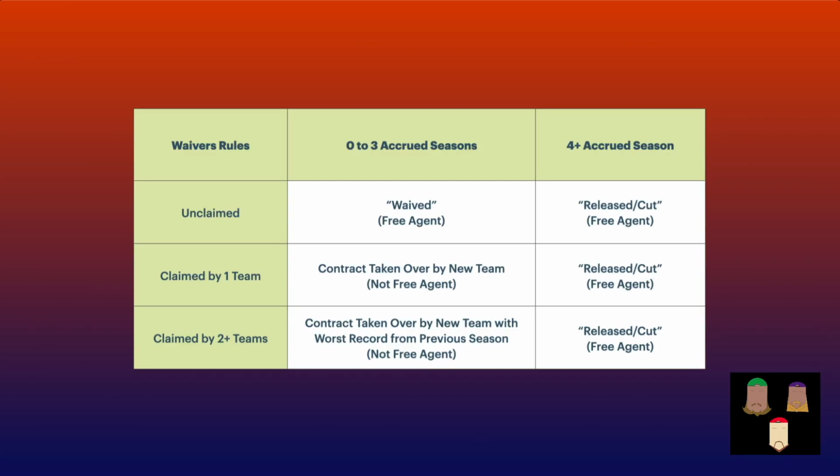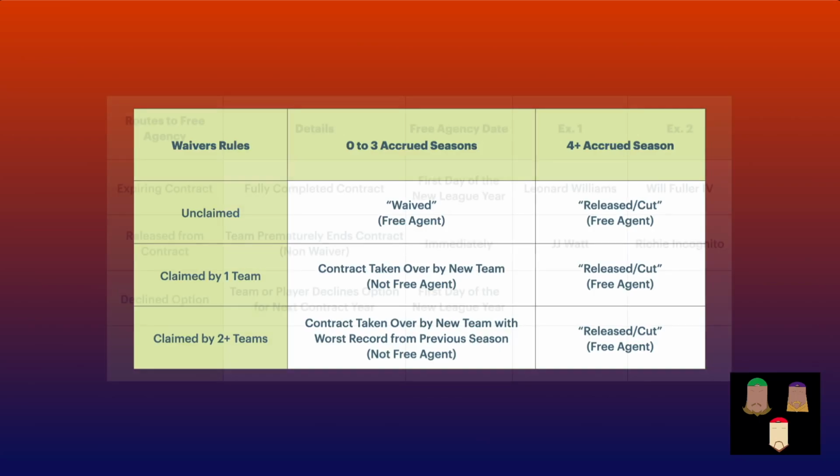That team does not sign the player to a new contract, but picks up the player's contract exactly as it was with his previous team. If a player goes completely unclaimed, he is a free agent. This is what it means when a player has been waived, although you will often see it incorrectly used to mean exactly the same thing as released or cut.